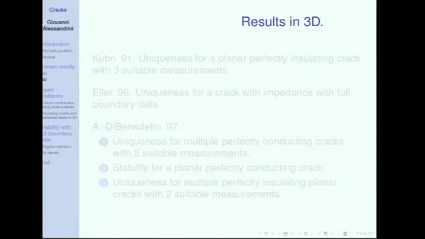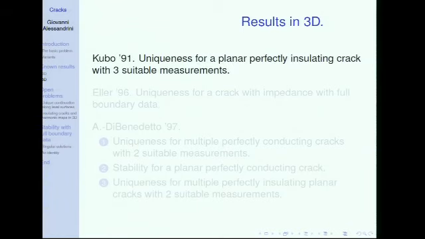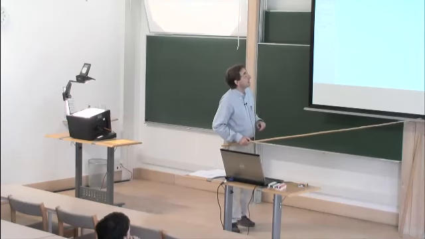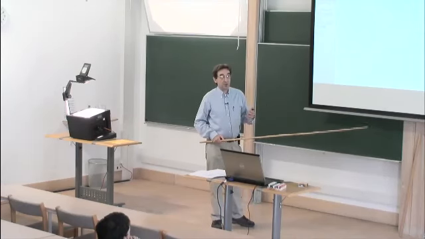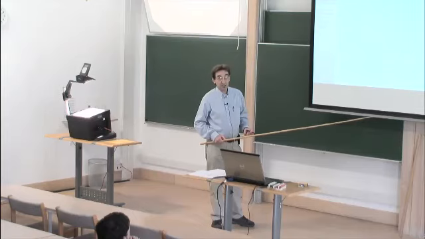So let me talk of what is available in the three-dimensional situation. There is a relatively old paper by Kubo, who essentially showed that if one assumes that a crack is flat, it is contained into a plane, then one can choose three boundary data so that the crack is uniquely determined.